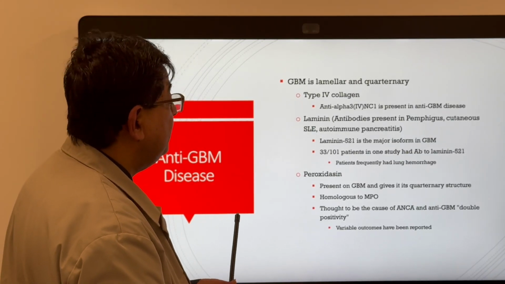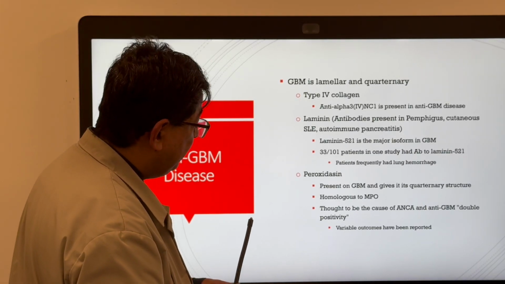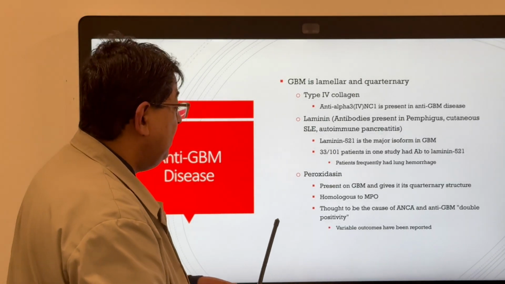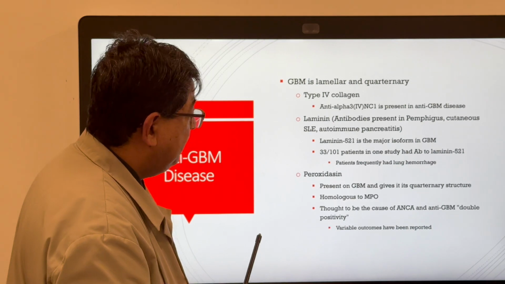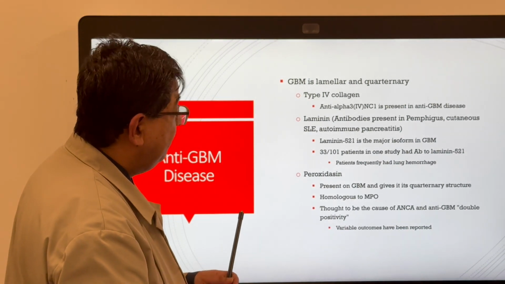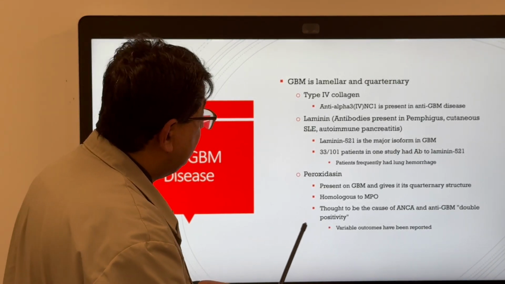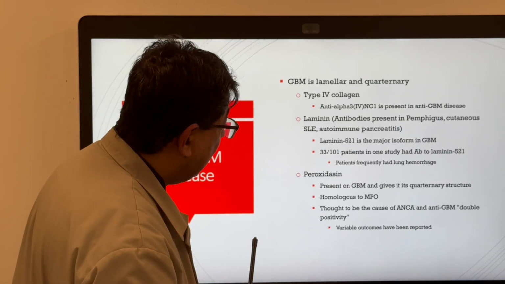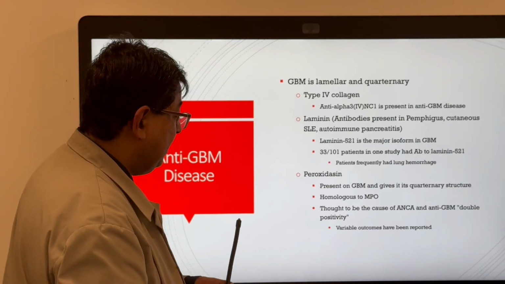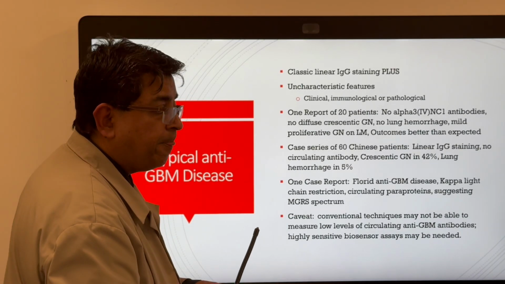Peroxidase is important because it gives the glomerular basement membrane its quaternary structure, and this antigen is actually homologous to MPO, and so there are cases in which you have anti-GBM and ANCA positivity, and this double positivity is now thought to be because of peroxidase presence in the glomerular basement membrane, and variable outcomes have been reported.